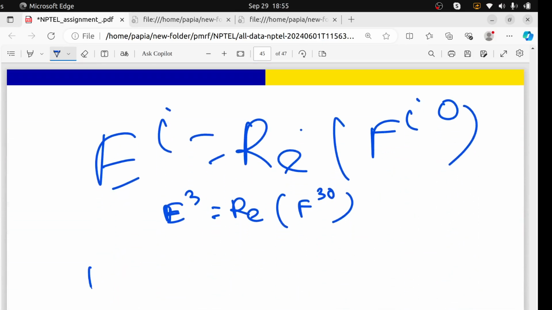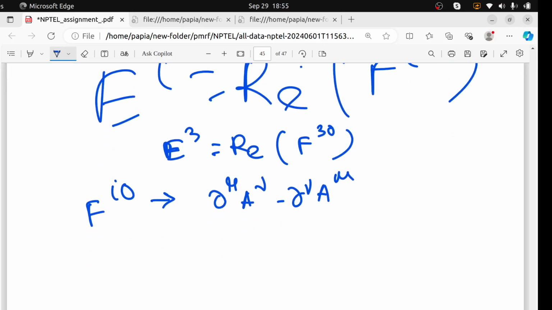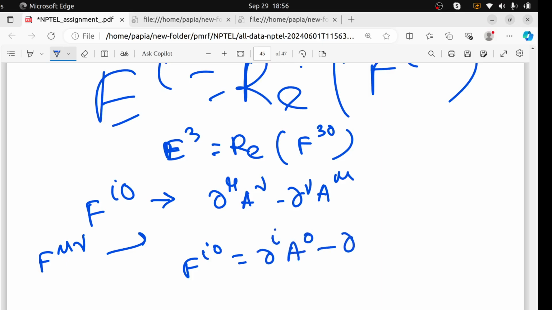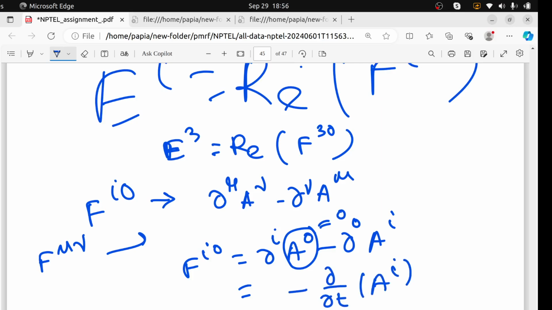Now F mu nu equals del mu A nu minus del nu A mu. Now here i0, that means if mu was this one, if I write i0, then it will be del i a0 minus del 0 a i. Now as a0 is 0, it will be simply minus del t of a i.